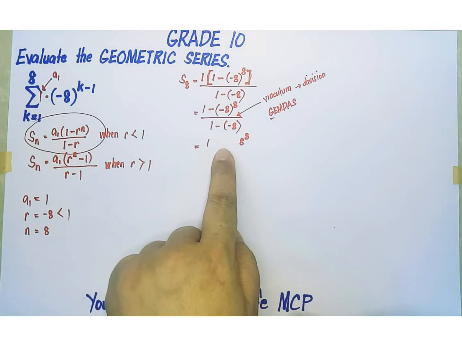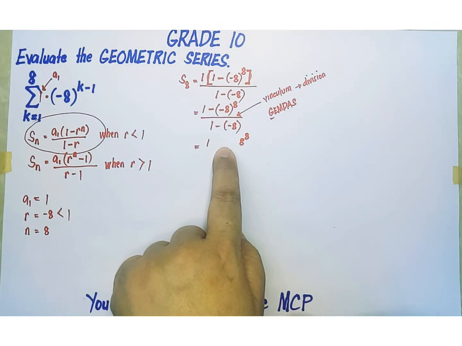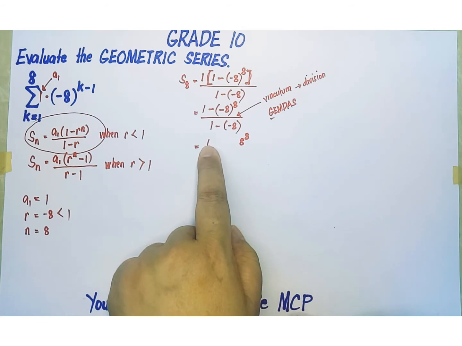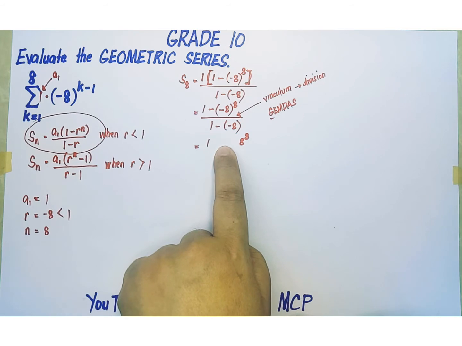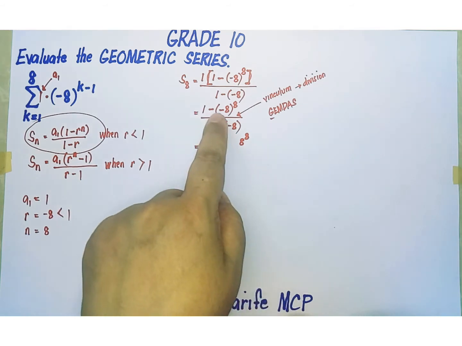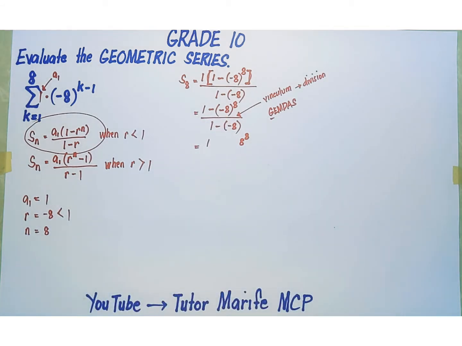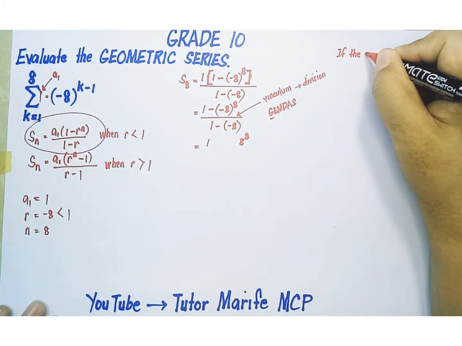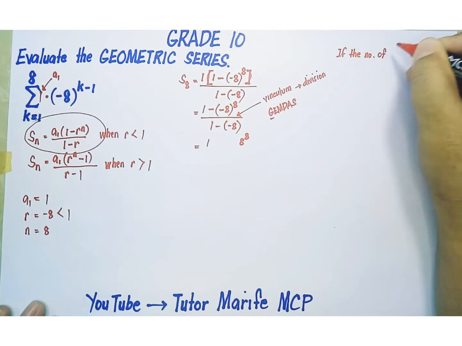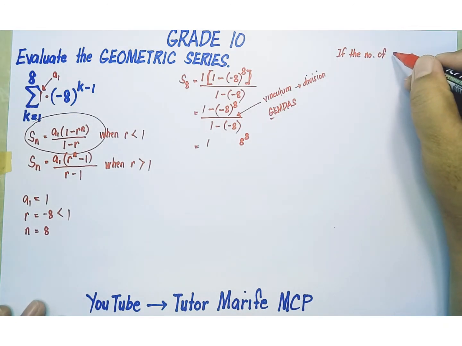So, paano mo i-finalize yung operation that connects 1 and 8 raised to 8? So, is this a minus or a plus? So, paano? You count the number of negative. So, if the number of negative is odd, the final sign is negative.